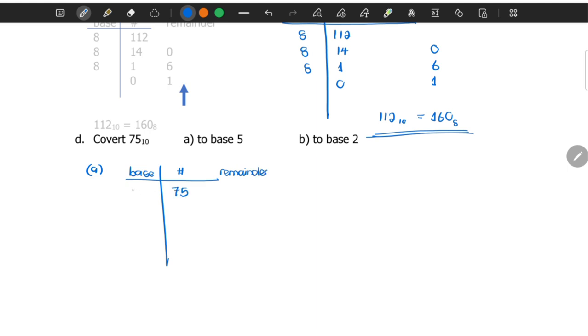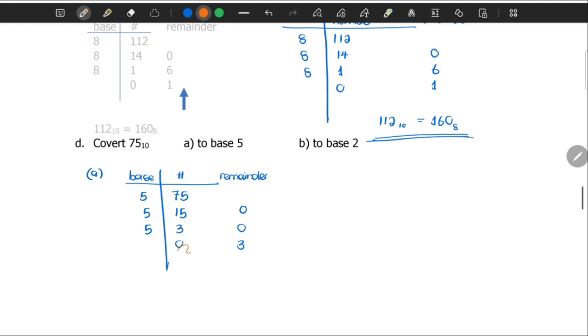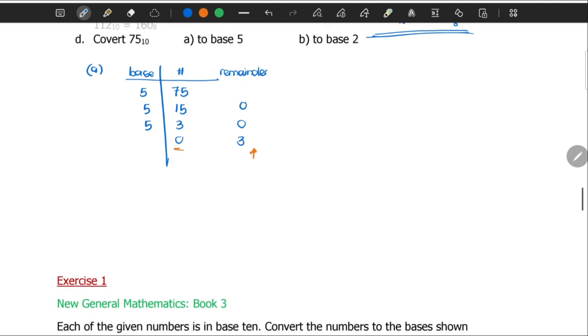We have 75, the base is 5. 5 into 75, that is 15, the remainder is 0. 5 into 15, that is 3, the remainder is 0. 5 into 3, that's 0, the remainder is 3. Since we have reached 0, we read the remainders from the bottom up, and our answer is 300. So 75 base 10 is the same as 300 to base 5.